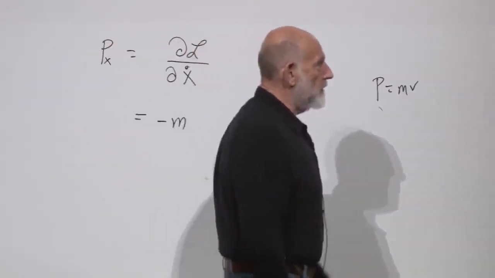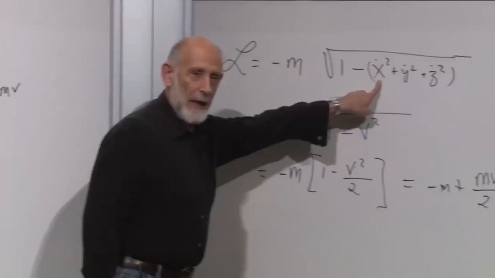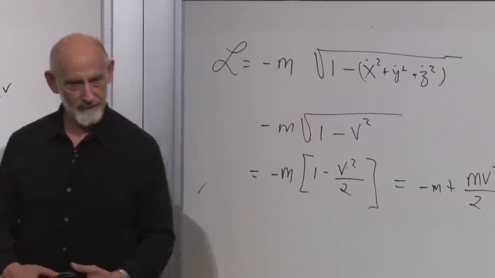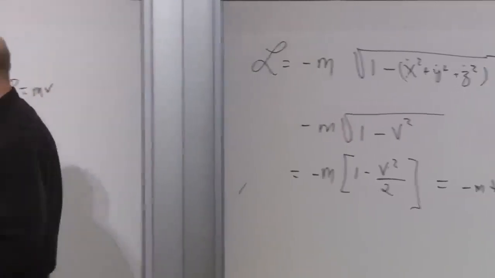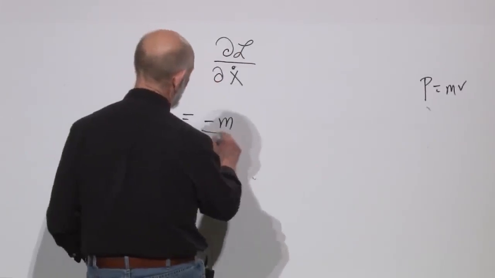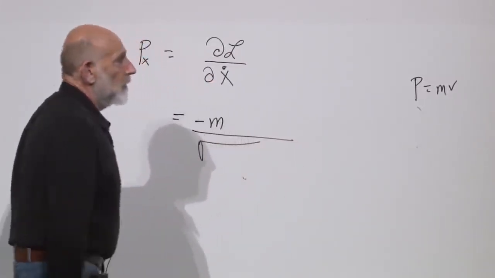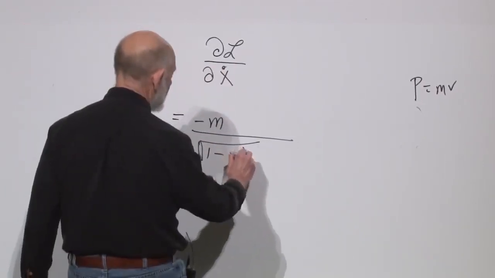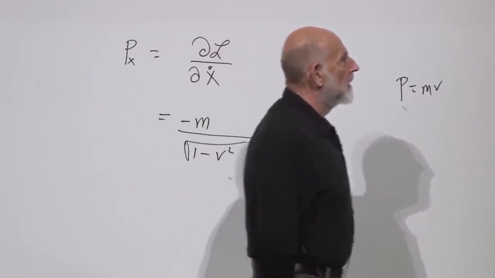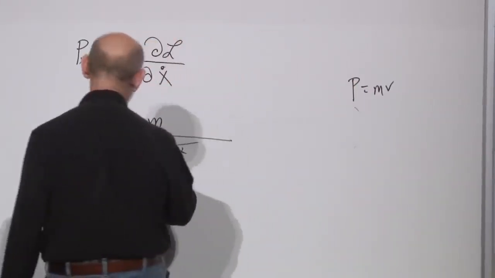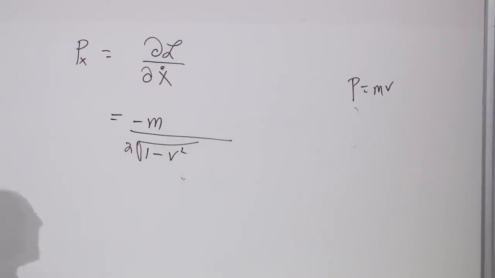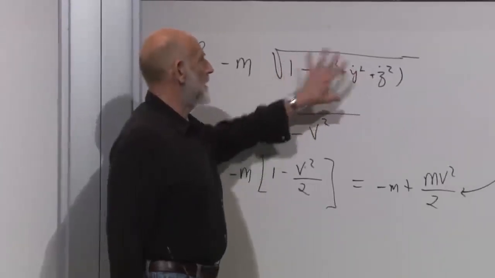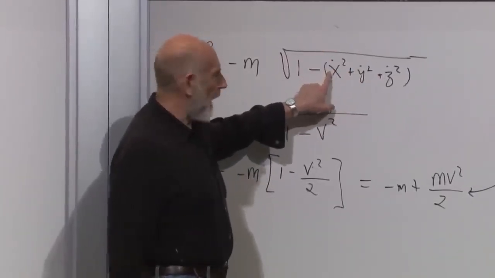All right, so first of all, there's a minus m. Then there's a derivative of this square root with respect to x dot. What do you get when you take the derivative of a square root? You get 1 over the square root of everything inside the square root, which happens to be 1 minus v squared. Yes, there's a half. Thank you. Now we have to take the derivative of the thing inside the square root with respect to x dot.